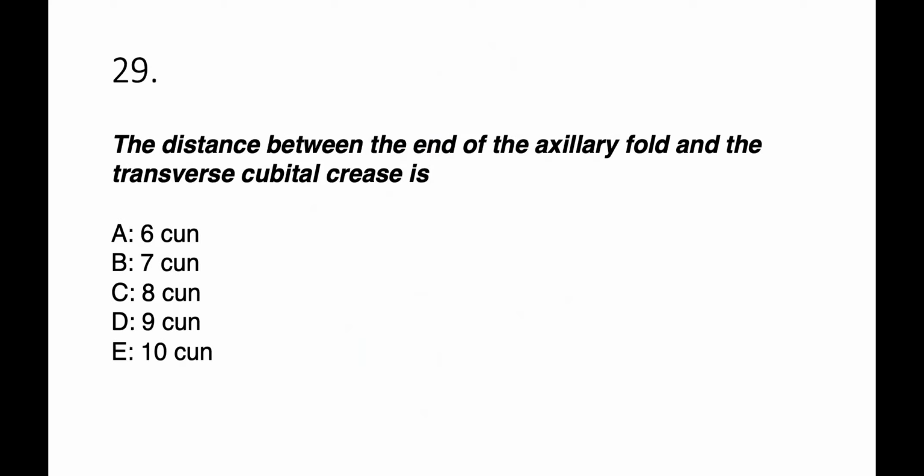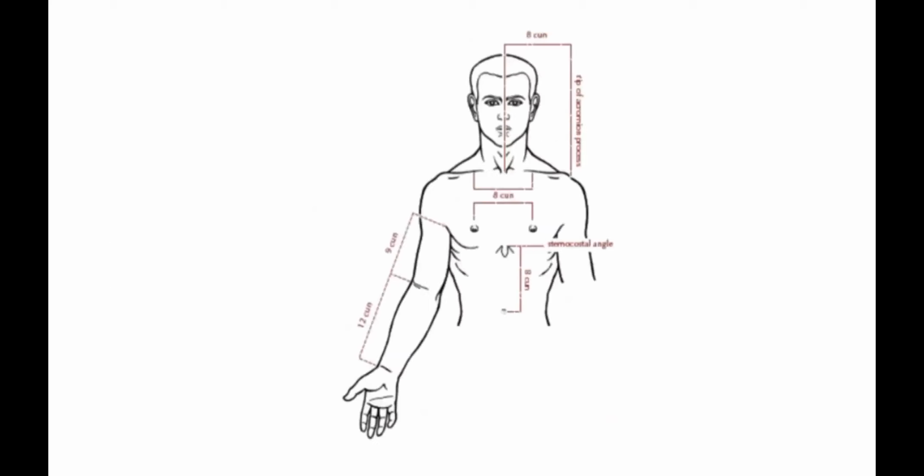29, kayo pa rin, Ma'am SP. Ito napaka-importante po nito, especially when you locate the lung points. Distance between the end of the axillary fold and the transverse cubital crease is, what's your answer? Yan o.